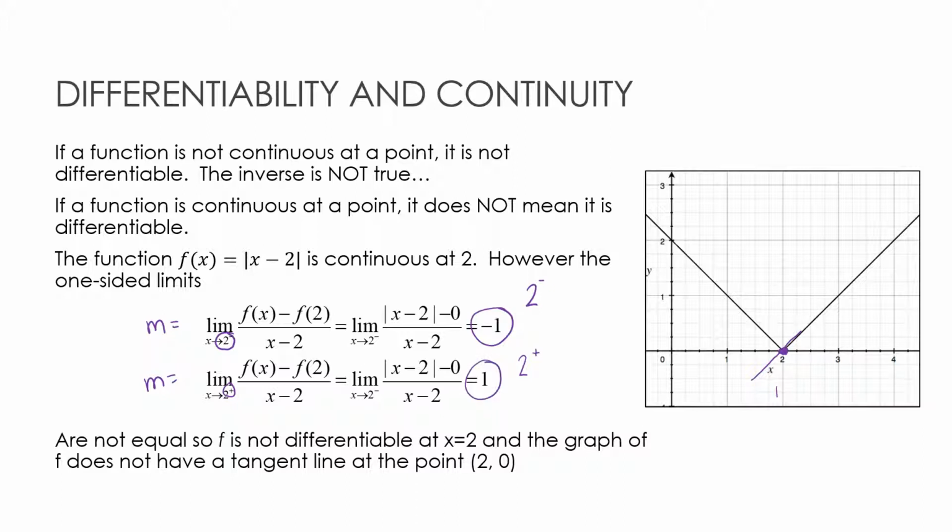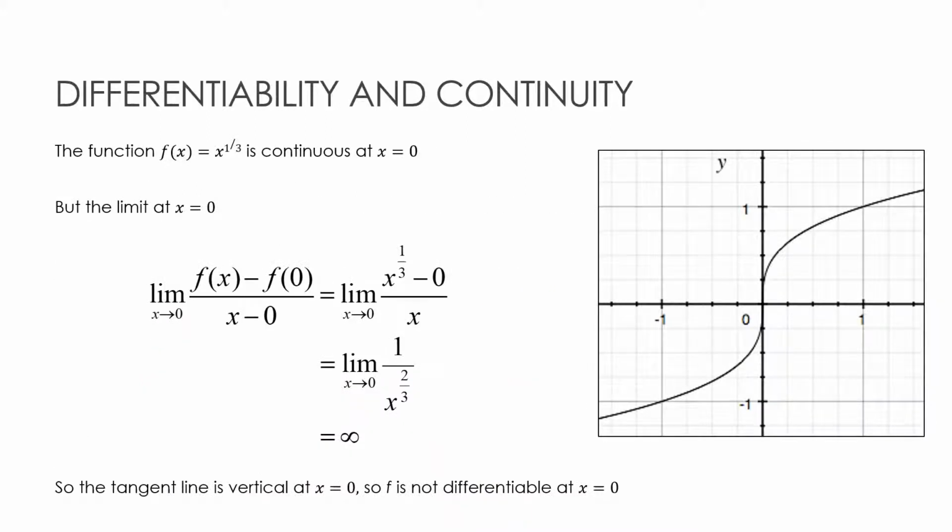That's not as important as just being able to visually look at the graph and say, hey, these two things don't match up. So even though this is a continuous function, it's not differentiable at this point, and therefore there's not a tangent line at the point (2, 0), because the left and right-hand side limits do not agree with one another. Here's another example, or I guess counterexample, another situation you might come into contact with.